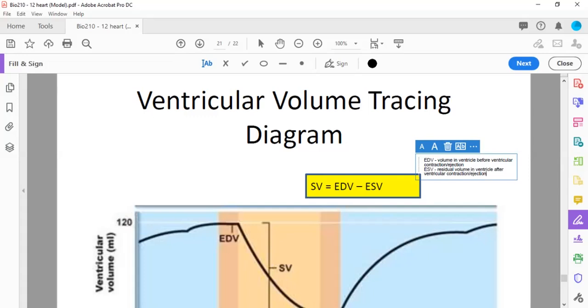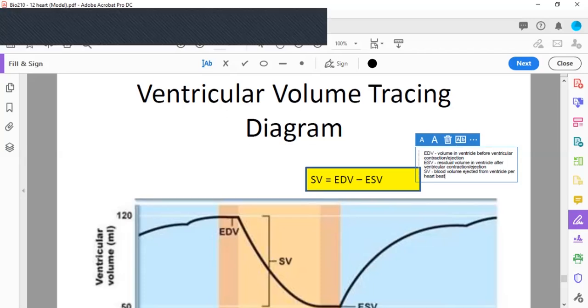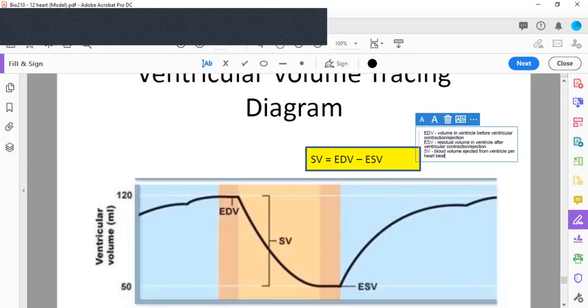The stroke volume is defined as the blood volume ejected from the ventricles per heartbeat. So you see EDV minus ESV equal to stroke volume.